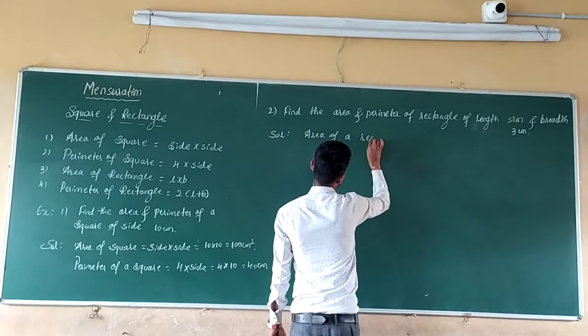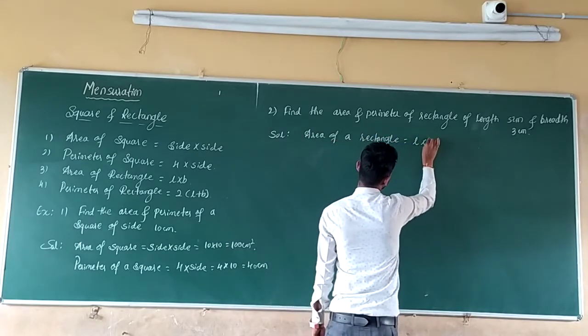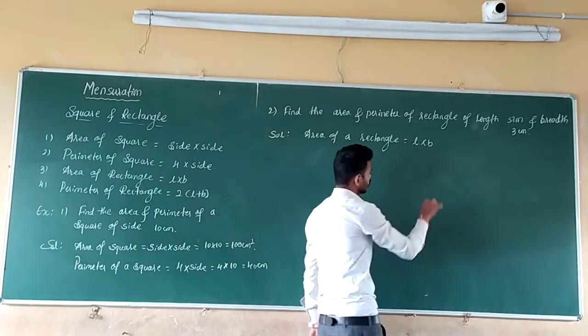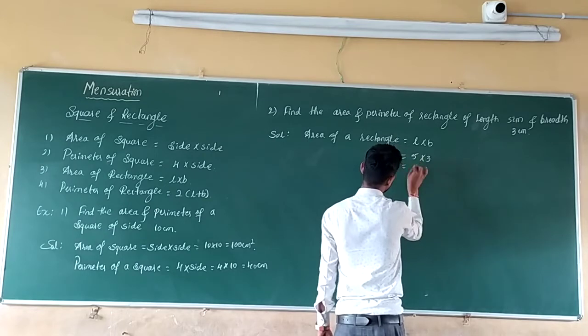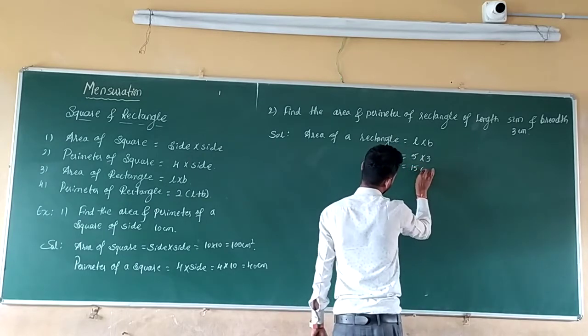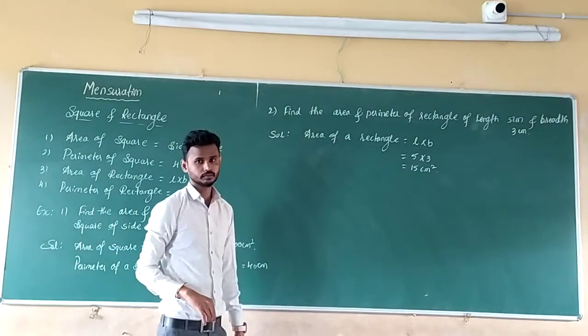Area of a rectangle is equal to length into breadth. Length given is 5 into breadth 3. So 5 threes are 15 centimeter square.